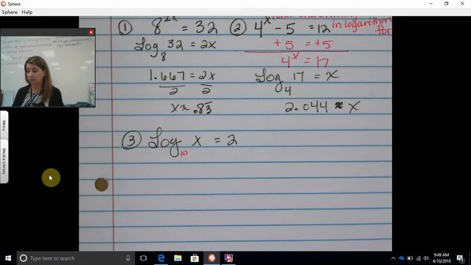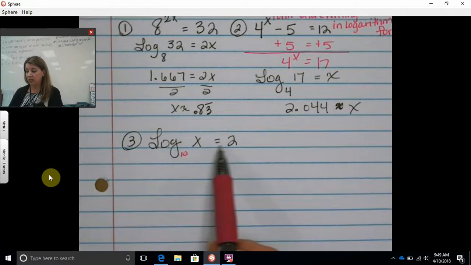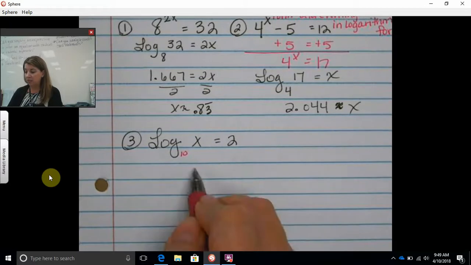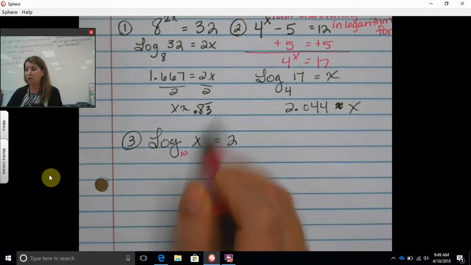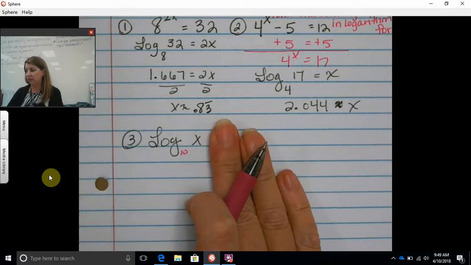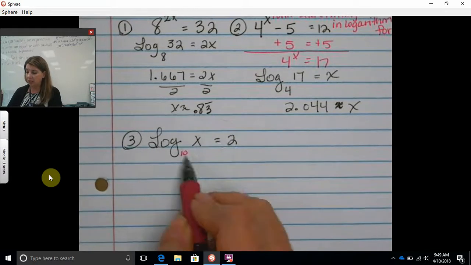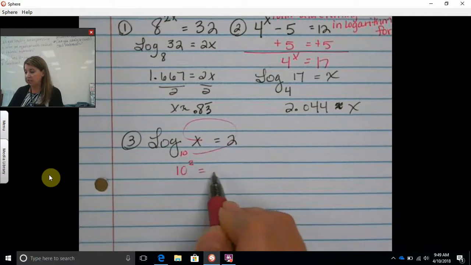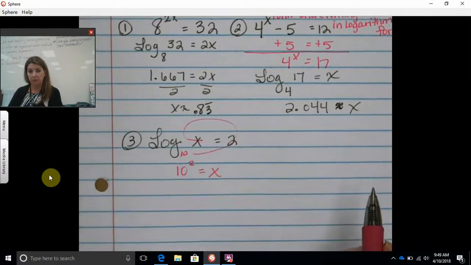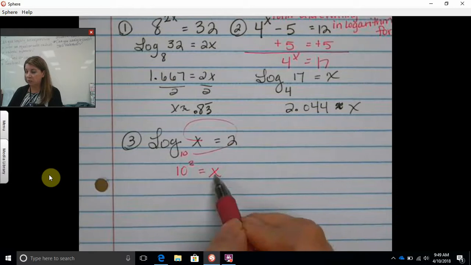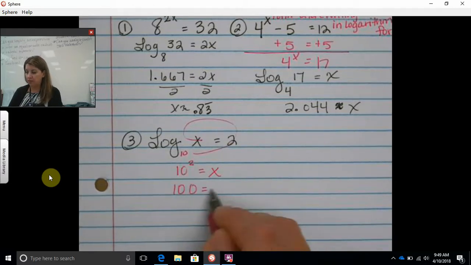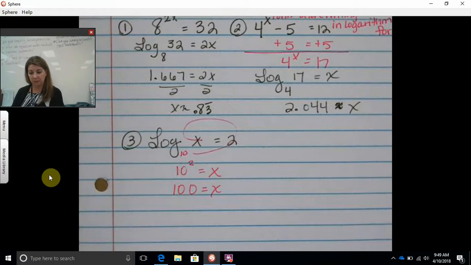What is it? 10 squared equals 100, right? So I would write this. This one we can't use a change of base formula because we have a variable there, okay? So I would change that to exponential. 10 raised to the second power equals x. We can simplify 10 squared to get 100. So that's how you would solve that one.